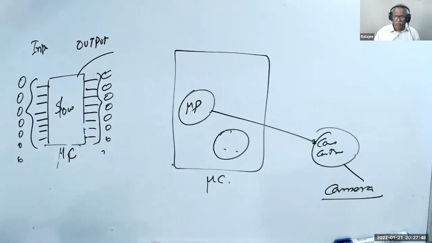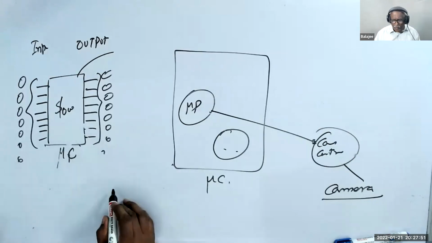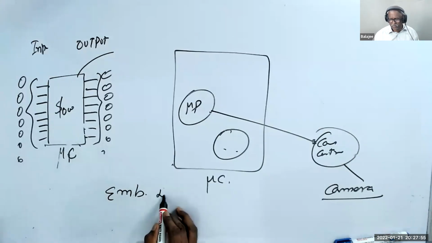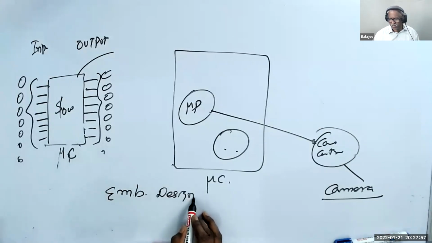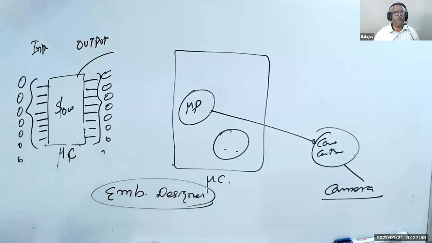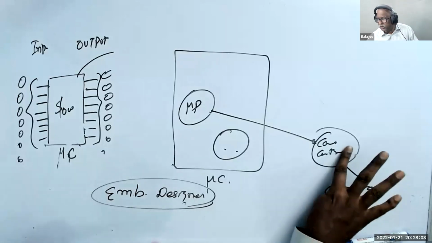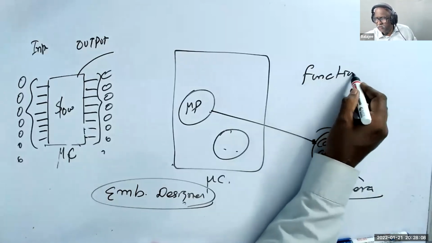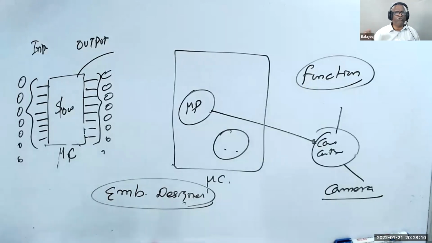Today, let me tell you one thing. What is the job of an embedded system designer? You should know what the controller functions are. First, you should read what the controller functions are.